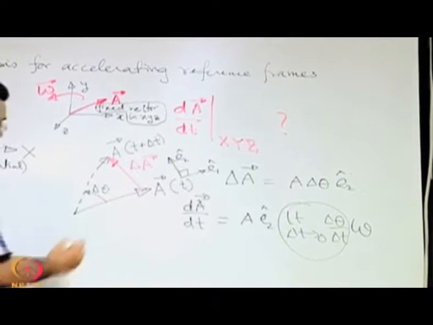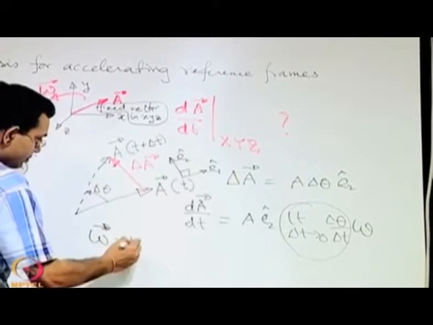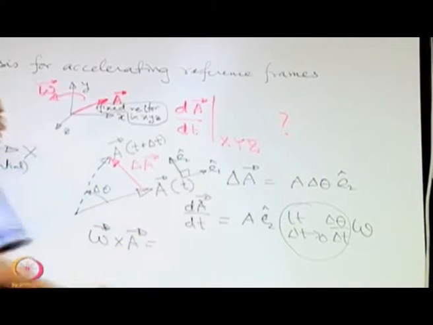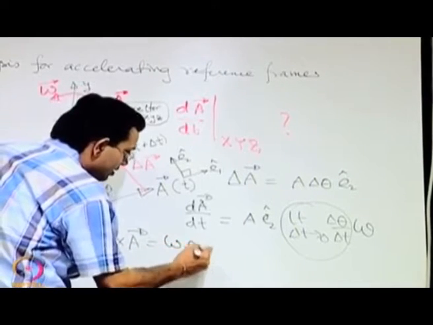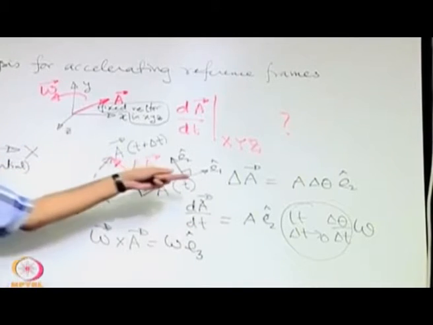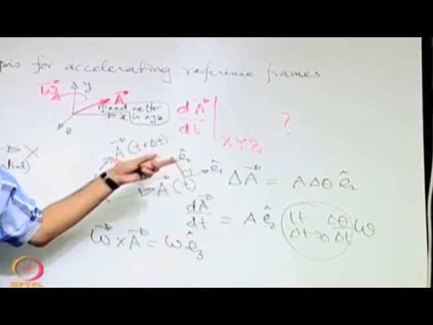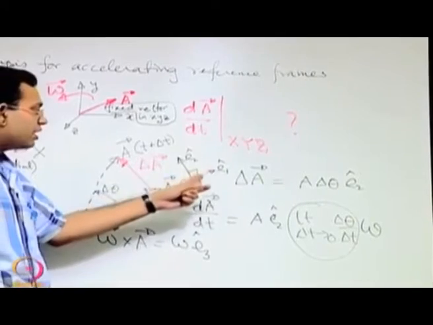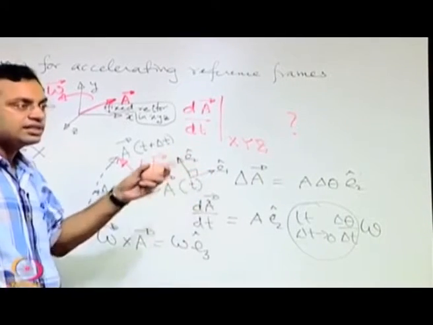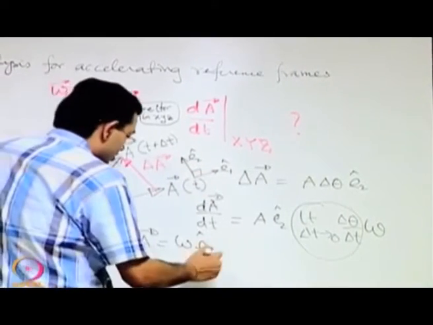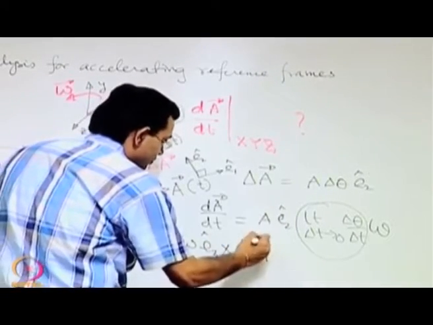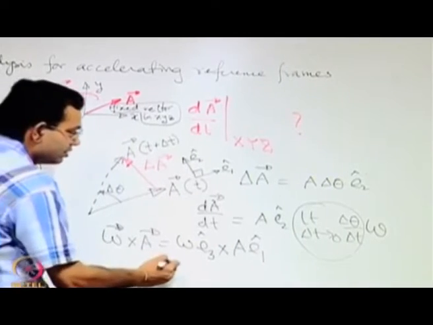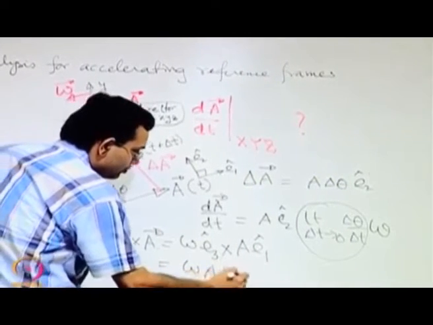And what is omega cross A? What is the omega vector? It is omega scalar times a unit vector E3 which is perpendicular to the plane of the board. So, you may take E1 like x, E2 like y and E3 like z. Omega cross A is omega A E2.